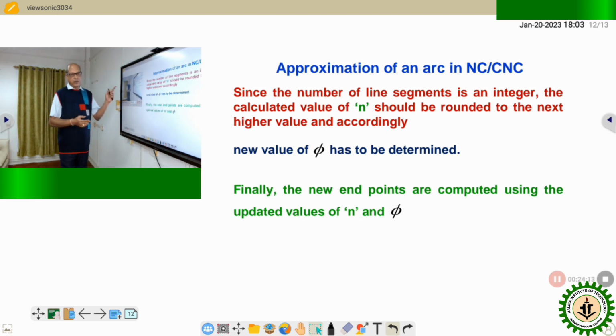That is governed by the tolerance. Under no circumstances should the tolerance limit be exceeded. So keeping that in mind, the modified values of phi, depending on the rounded values of n, the new coordinate points can be calculated, and that approximated path can be generated.